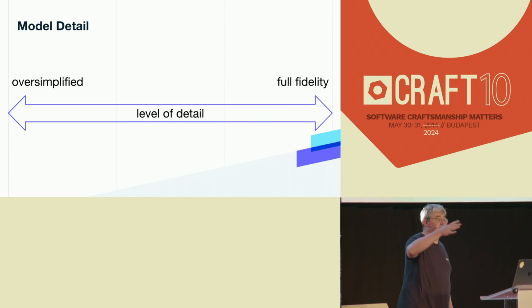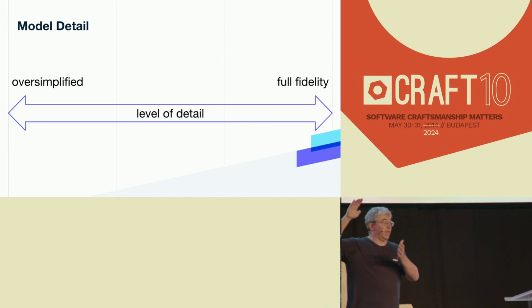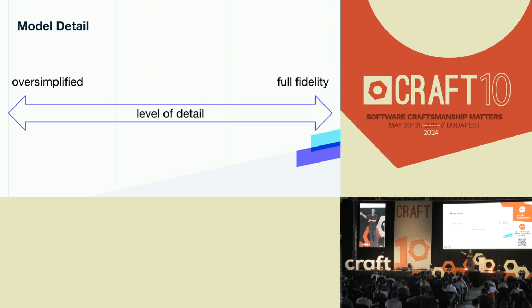Now, there's obviously a spectrum. We can start from very oversimplified models, which are maybe not useful, although we gave an example, the circuit breaker, which is about as simple a model as I can think of. It's got a state of 1 bit. The real ones have a little more, but it's basically 1 bit. But that's still useful. Then we can come all the way over to a full fidelity model.